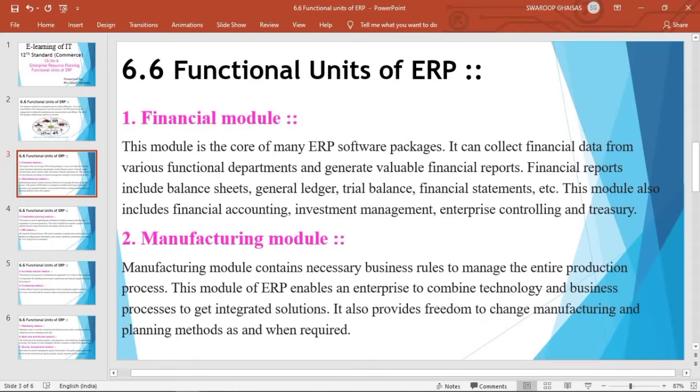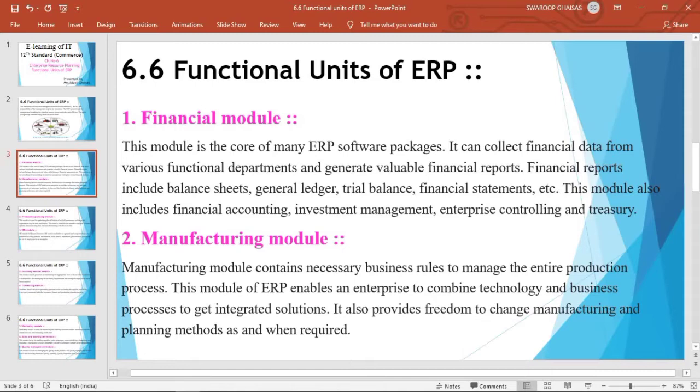This module also includes financial accounting, investment management, enterprise controlling, and treasury. These are the different functionalities performed in the financial department.